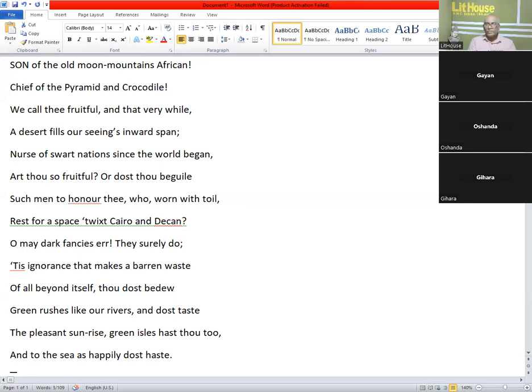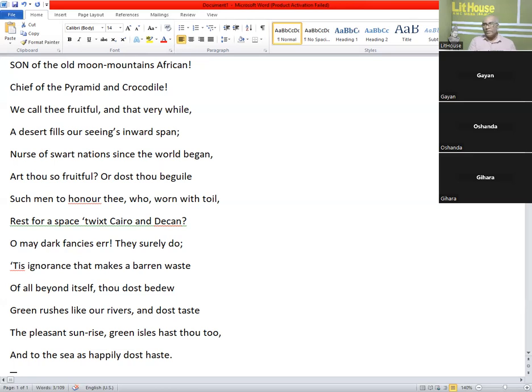Moon mountains are personified as parents of a son, a child. Who's this child? The Nile. Then the Nile is the son or child, and the old moon mountains are his parents.